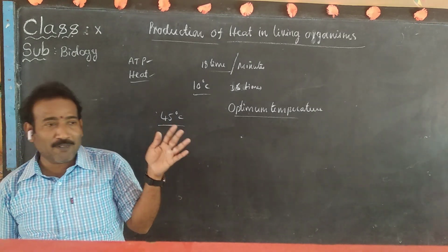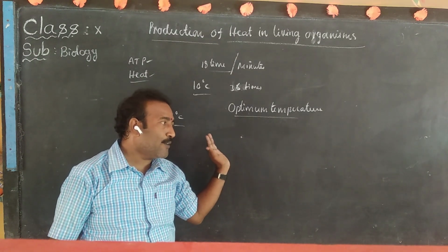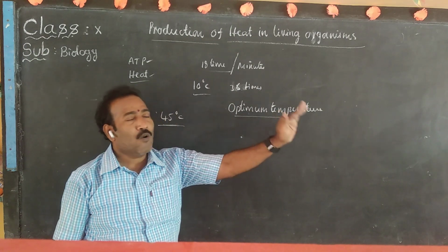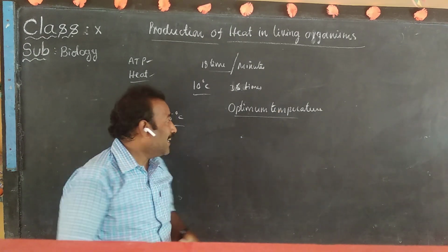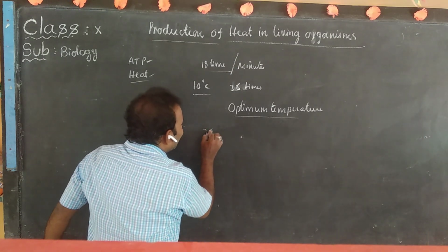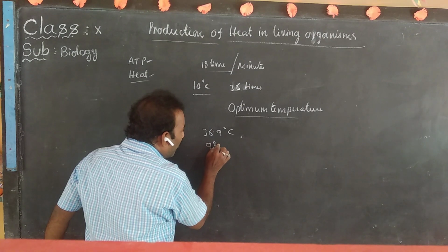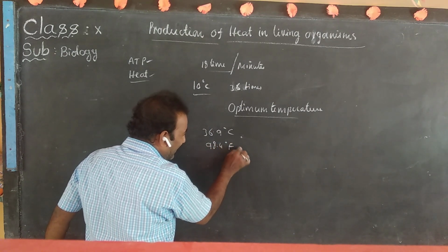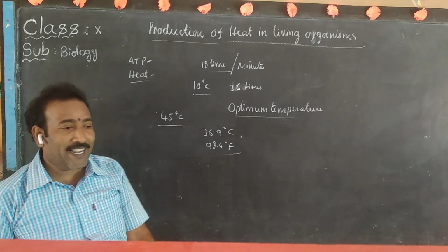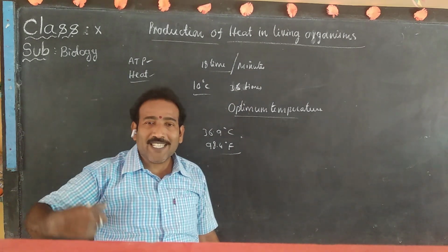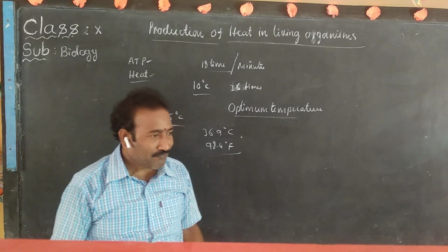It is commonly experienced that if we wear sweaters during the winter season, we feel warm. Why? The woolen fibers of the sweater prevent heat loss from the body. Already you must have studied in physics that heat continuously flows from a hot body to a cold body. Our body temperature is 36.9 degrees Celsius or 98.4 degrees Fahrenheit, so it is more than room temperature. That's why we continuously lose some amount of heat from our body.